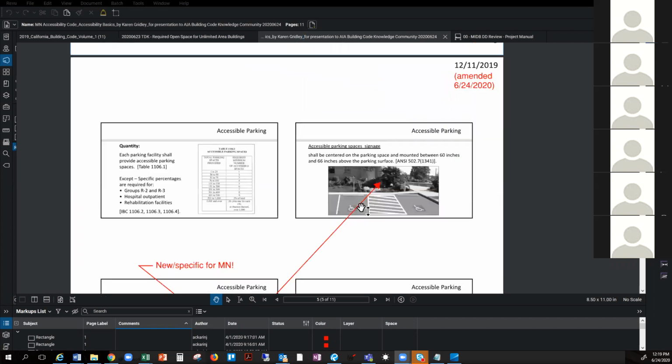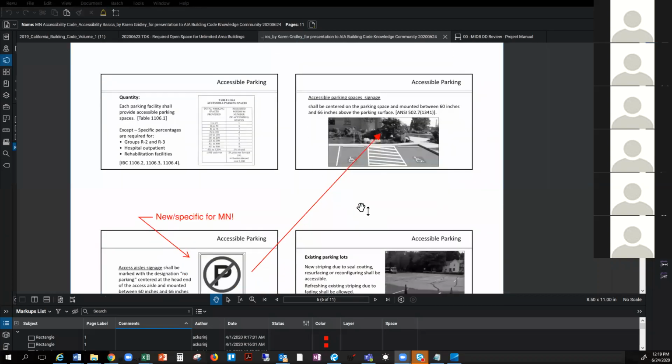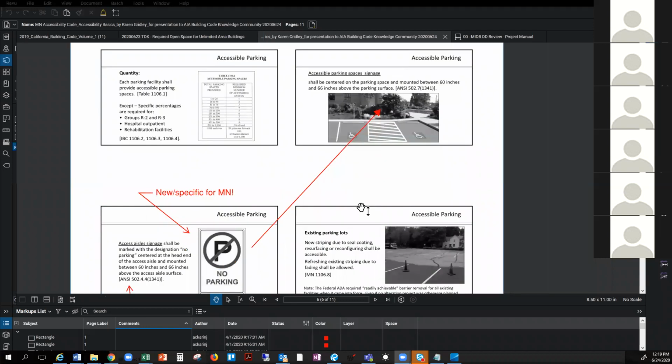Accessible parking spaces. This is the one thing that I didn't mention, but I have had the opportunity in the technical advisory groups. I've talked about this in the last couple sessions, but I was part of this group for the 1341, the last two code cycles.